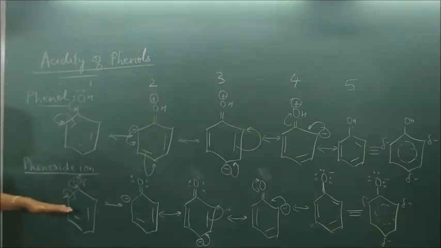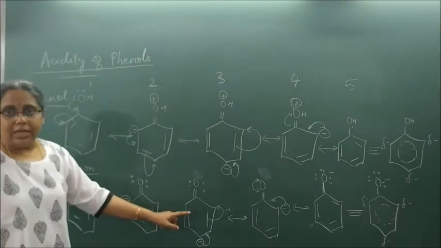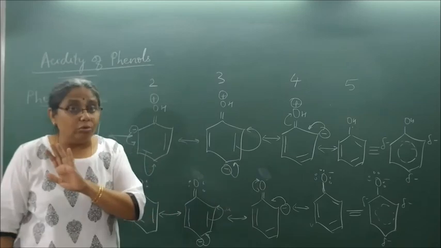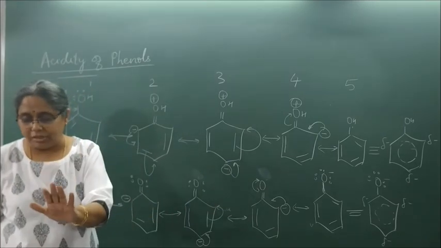So what we say is, in phenoxide ion, in structures 1, 2, 3 and 4, there is no charge separation. Please write.